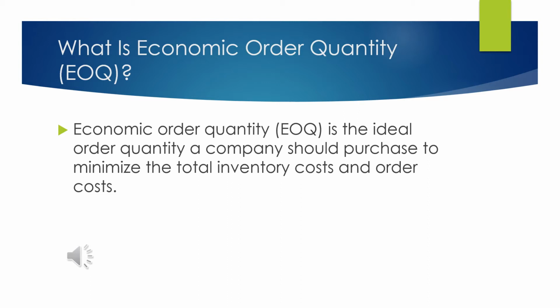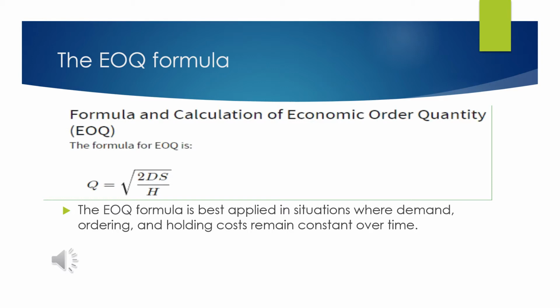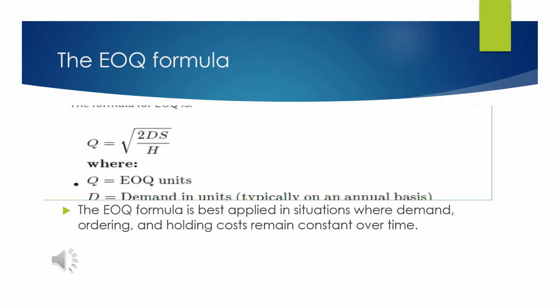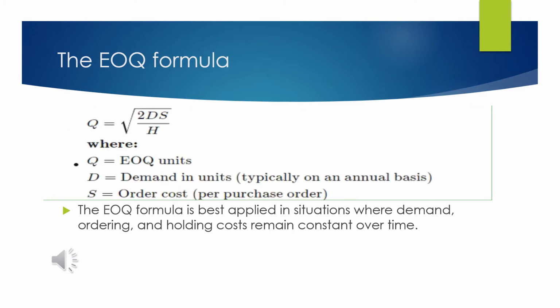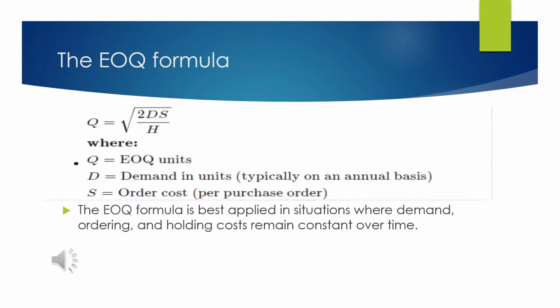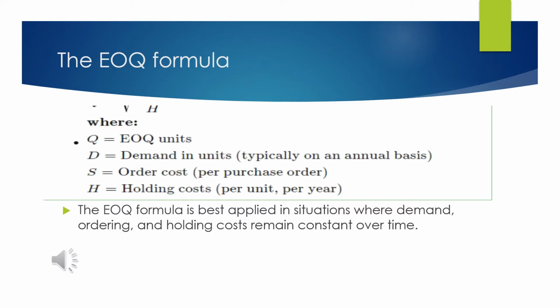And by this we can go to the next step, which is how to identify the economic order quantity by using the formula. Okay, now to calculate the economic order quantity, we need to use the next formula, which is Q equal square root 2DS divided by H, where Q is economic order quantities, D is the demand in units, and this demand is annual demand, and then S order cost per purchase order, and then finally H the holding costs per unit per year.